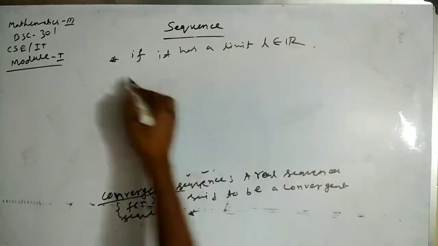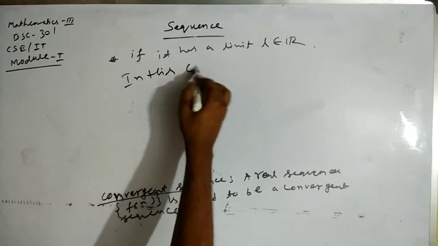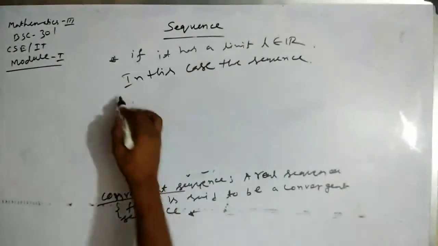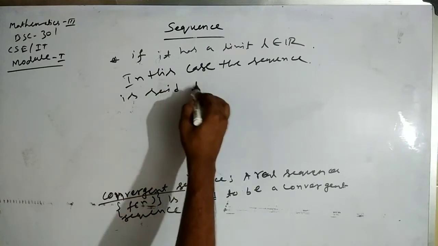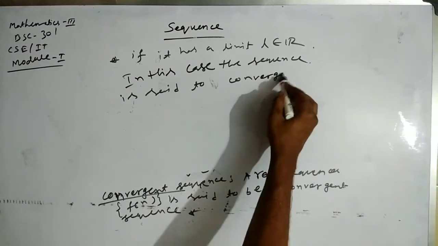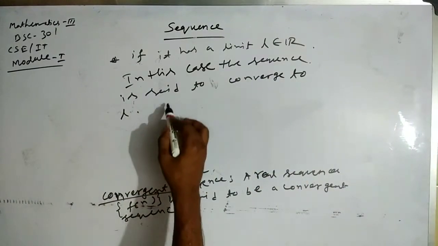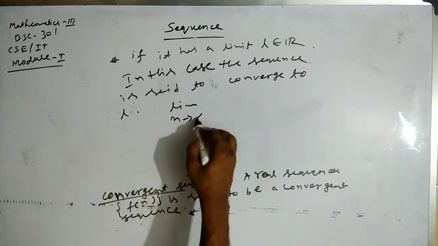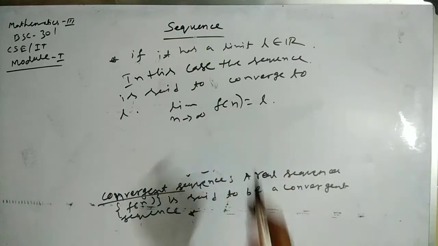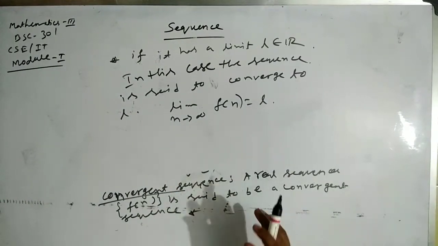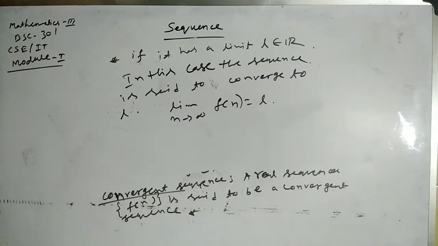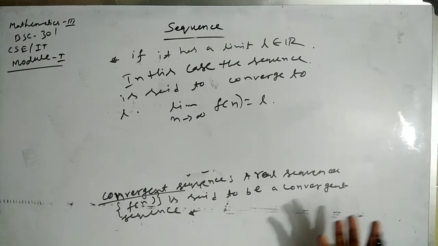In this case, the sequence is said to converge to L. So if limit n tends to infinity of Fn equals L, then we say that the sequence Fn is convergent and it converges to L. Okay, so L should be a finite real number.